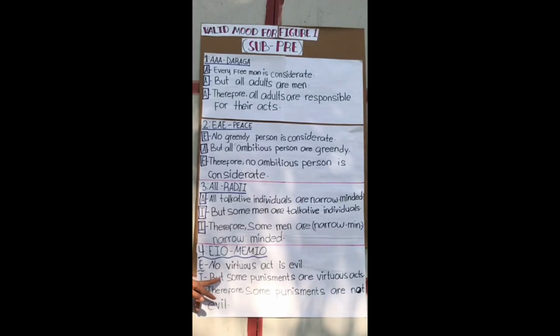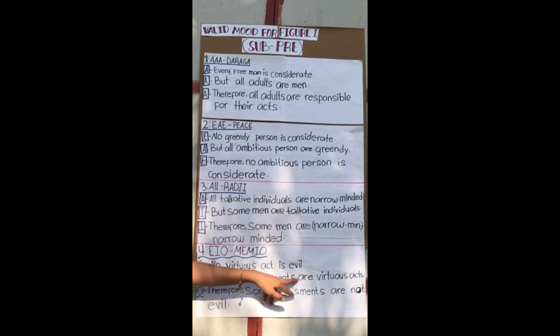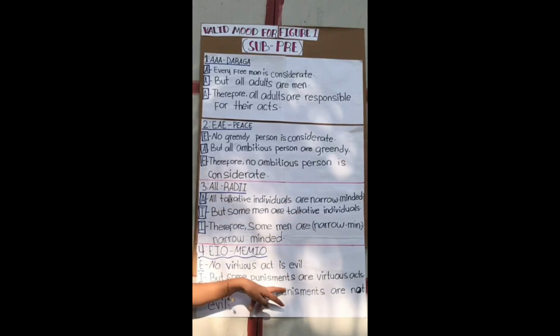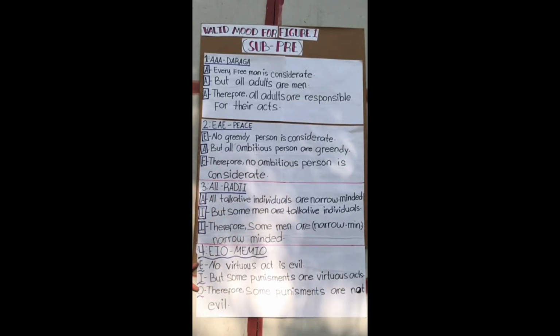So, di ba? Sinabi ko kanina sa inyo, yung E natin is wala sa subject natin na predicate. Sa I na naman natin is yung ibang subject natin is predicate. And yung O natin is yung ibang subject natin is hindi predicate. So, ito yung valid mood natin.